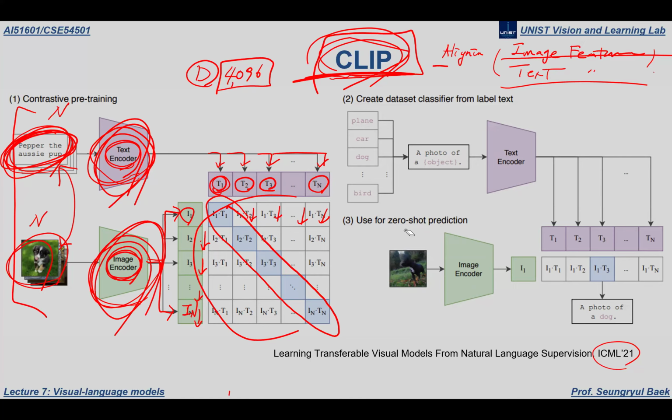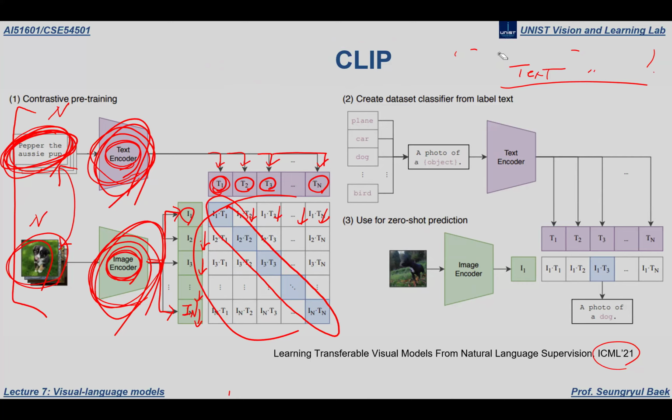In the previous ImageNet classification task, what we do for classifying the images is like this. For example, we train AlexNet, and the AlexNet's final output dimension should be the same as the number of classes that we are tackling, right?